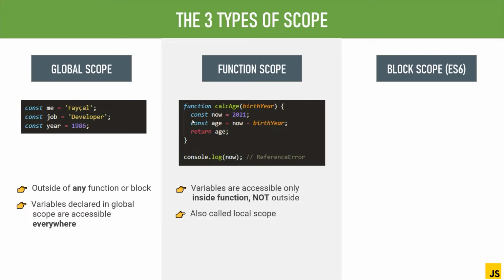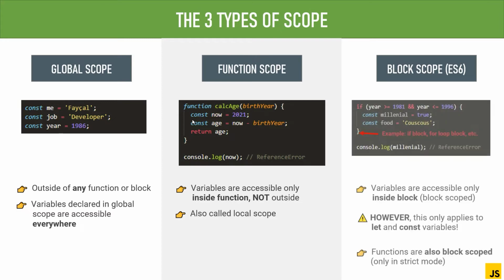Now, traditionally, only functions used to create scope in JavaScript, but starting in ES6, blocks also create scope now. And with blocks, we mean everything that is between curly braces, such as the block of an if statement or for loop.